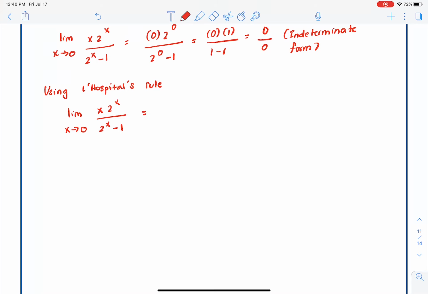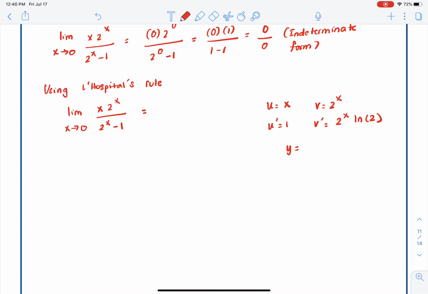So numerator, we have to use product rule. U is x, v is 2 raised x, u prime is 1, and v prime, what is v prime? V prime is 2 raised x times ln of 2. We've done this before, and if you don't recall, the way we do it is y equals 2 raised x. Take ln on both sides.